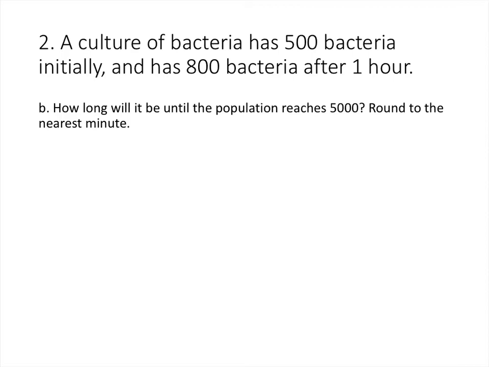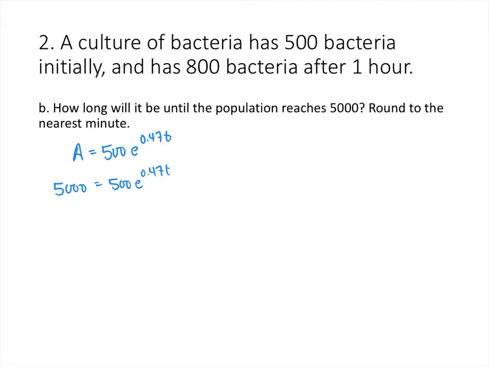Now that we have our growth constant, we can answer questions like this: how long will it be until the population reaches 5,000? We have A equals A0, which is 500, times e to the kt, where k is 0.47. We want the population to be 5,000, so we put 5,000 in for A, and now we need to solve for t.